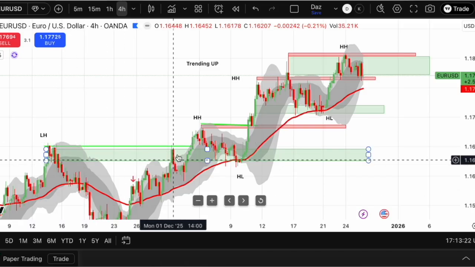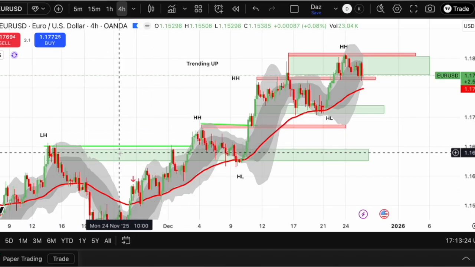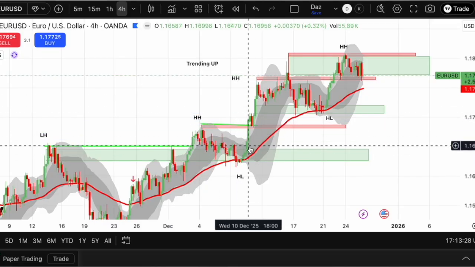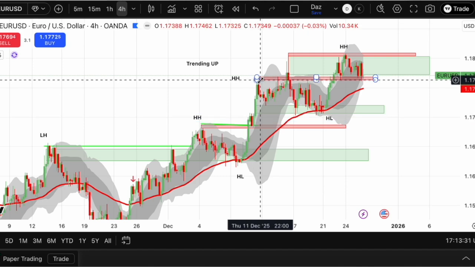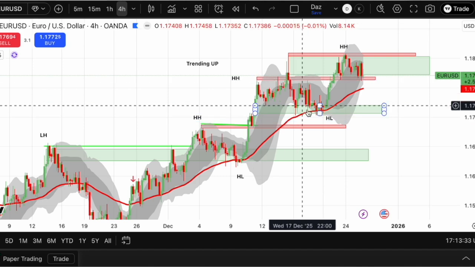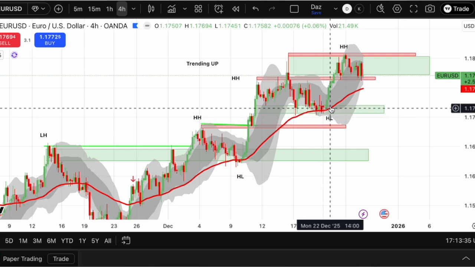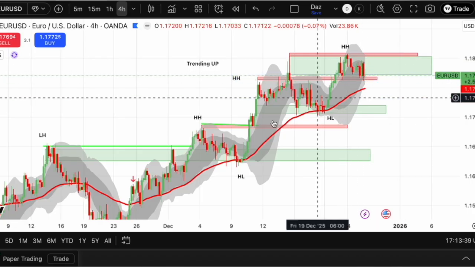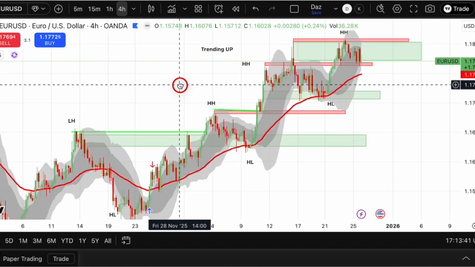As it pushed through the resistance, the ceiling, then comes the support, and then it pushes up. It breaks structure, pushes up, hits a resistance that becomes a support, and then hits this resistance. And as you see, it's just on resistance at the moment. Okay, does that make sense?